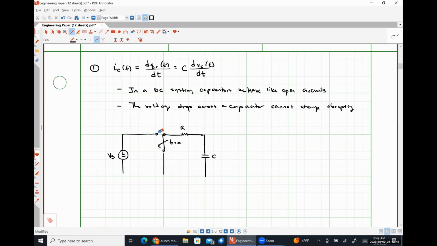No, that's drawn poorly because I need the voltage. Let me think about how the switch needs to work really quickly here. So I want it to have been connected.